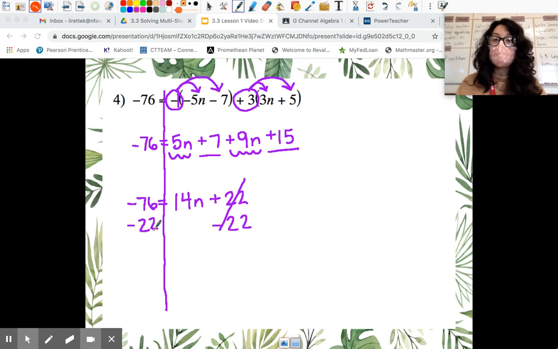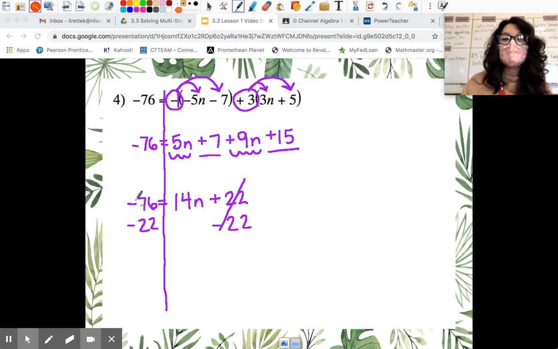And just to make quick work of this, I'm going to use my calculator. Be careful when you type that in. They should both be negative. So when you do it, you want to write that it's negative 76 minus 22. Your calculator should know to add this. Or if you do it mentally, you'll want to add these numbers. And we match the negative of the things that we're adding. You should get a negative 98.